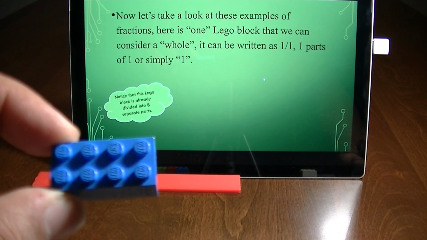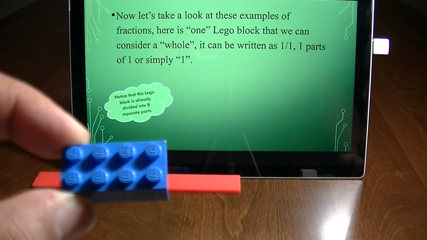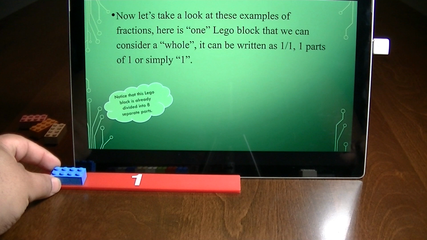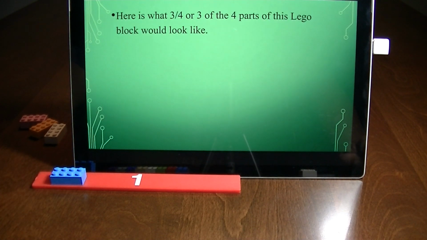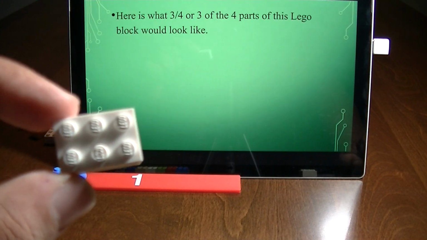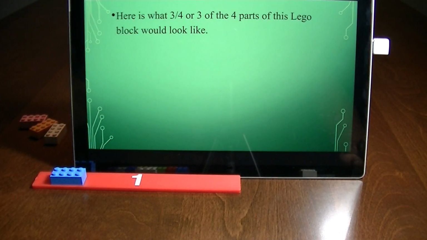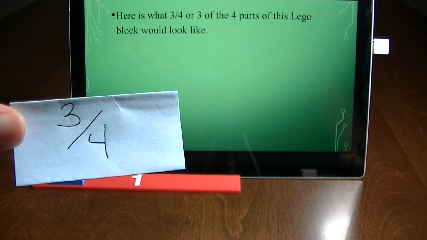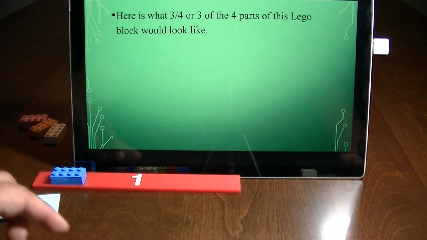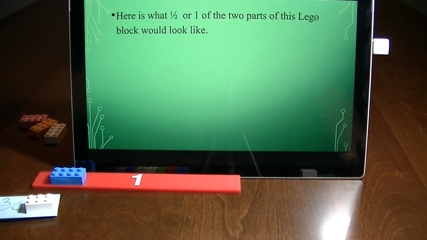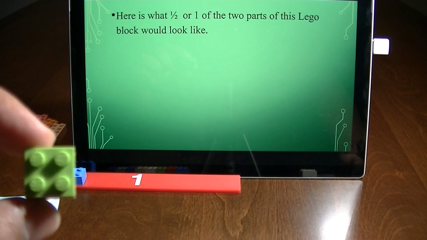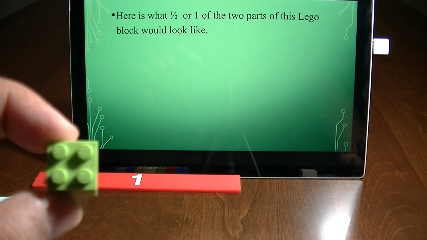Notice that this Lego block is already divided into 8 parts. Here is what 3/4, or 3 of the 4 parts of a Lego block, would look like. Here is what 1/2, or 1 of the 2 parts of a Lego block, would look like.